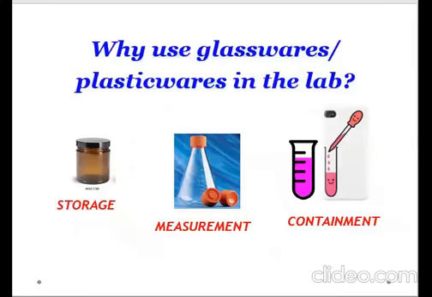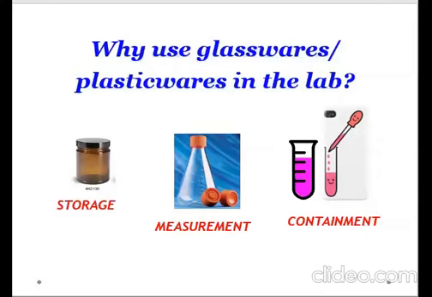There are times, for example, that our supply of chemical is 1 liter, and what we will use for a specific test is, for example, 10 milliliters. So where will the excess go? We place it in a container, and that container could be made of glass or plastic. In that scenario, the reason why we use glasswares or plasticwares is for storage.